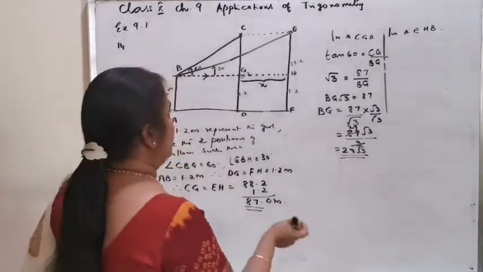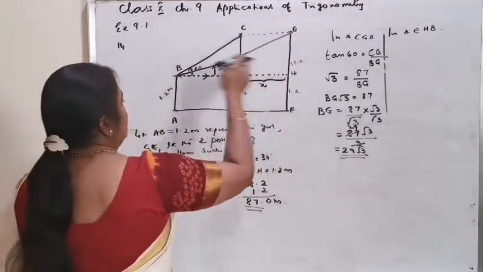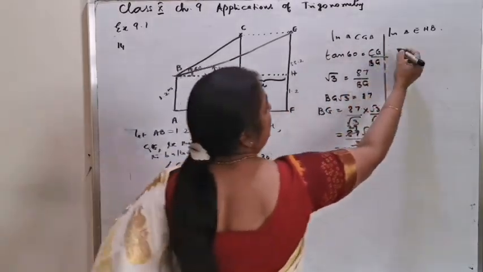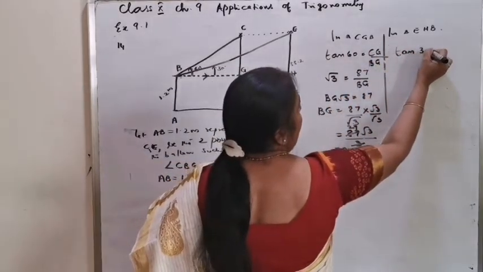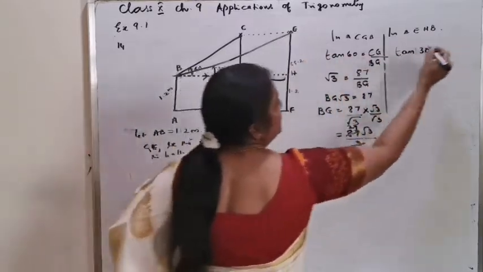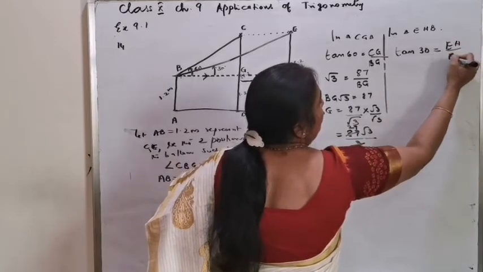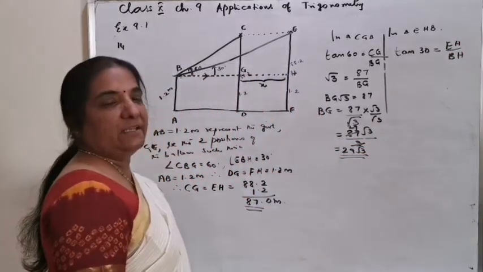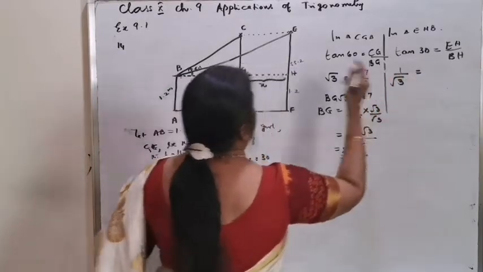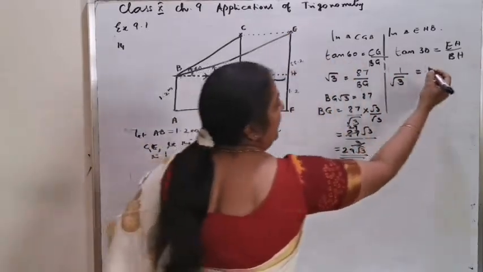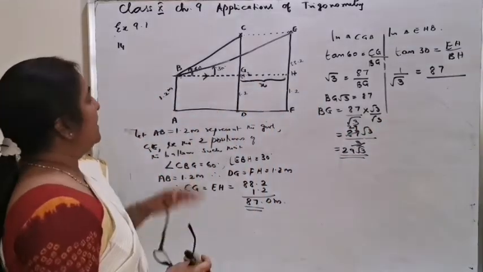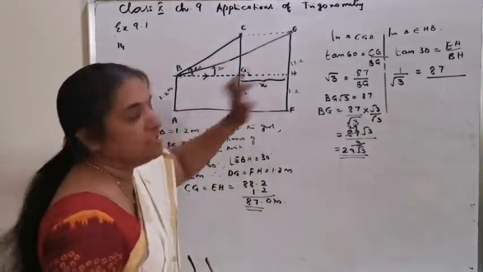Take the next triangle as triangle EHB. In triangle EHB, again, tan 30 is equal to EH by BH. Tan 30 value is 1 by root 3, is equal to EH, which is again 87, divided by BH, which is made up of BG and GH.